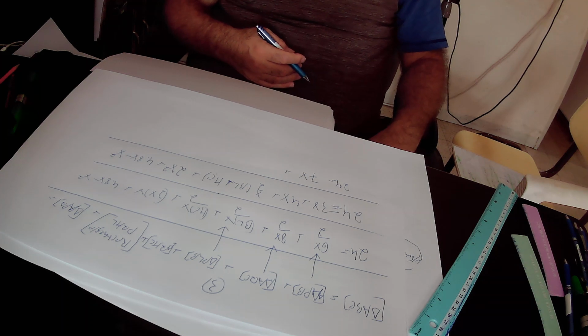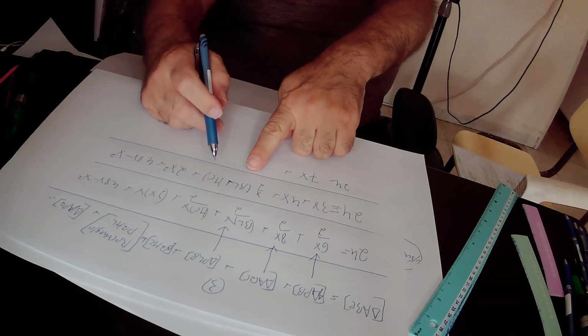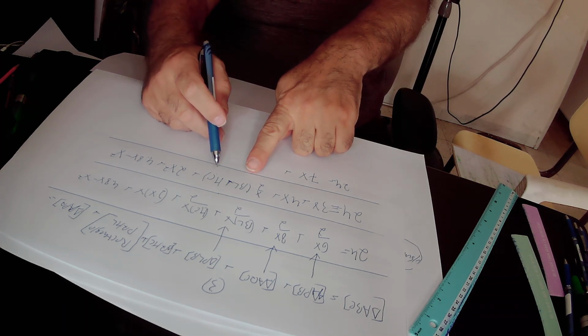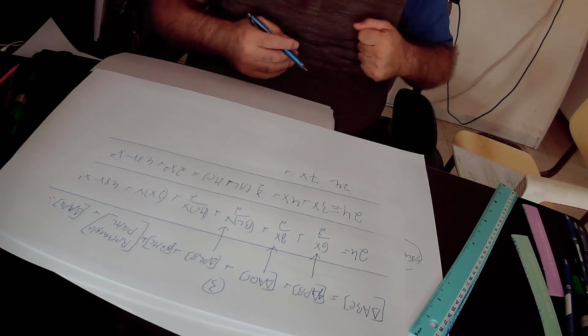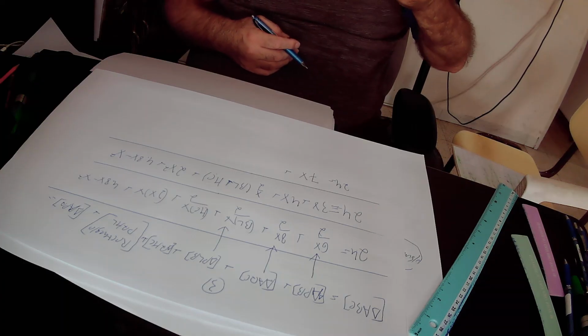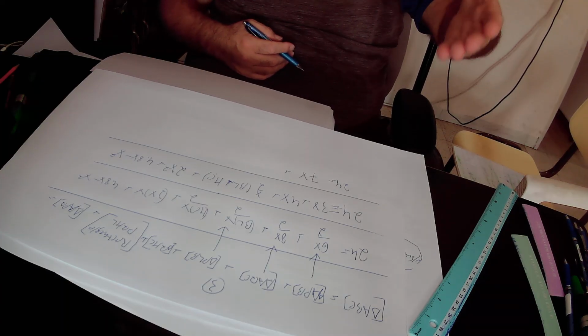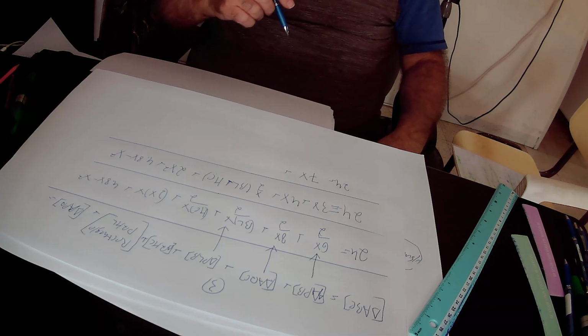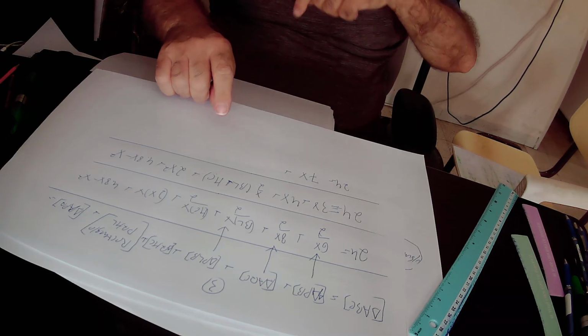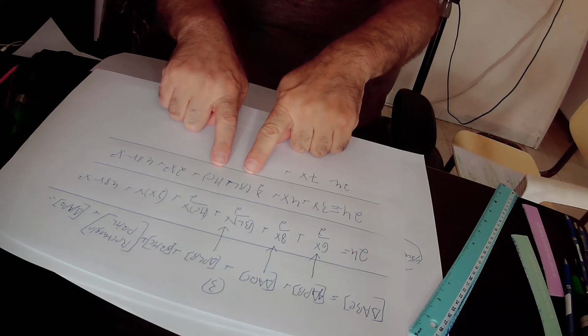So we have to express the sum of those two lines, BL plus KC, in terms of x. Otherwise we will not be able to solve the equation, one equation in one variable. Therefore we have to express the sum of those two line segments in terms of x.